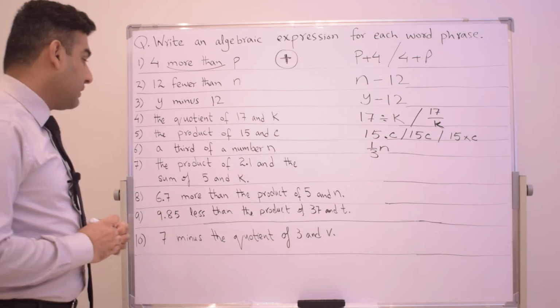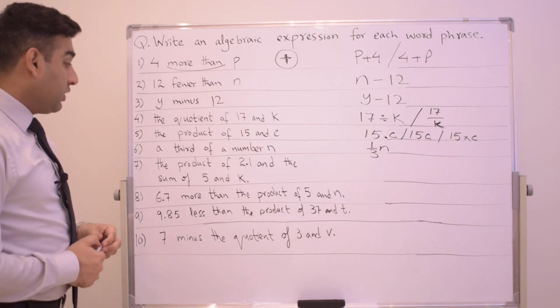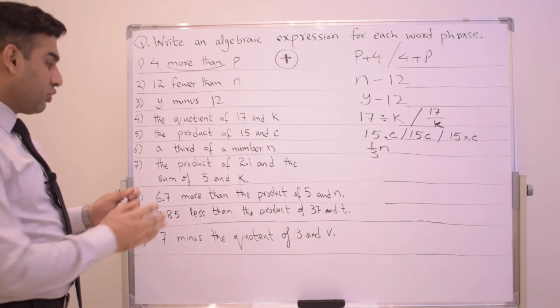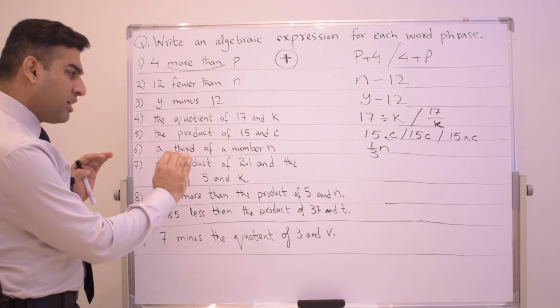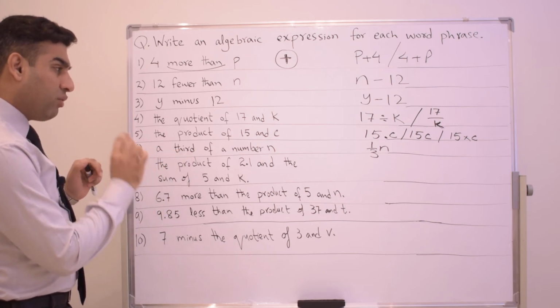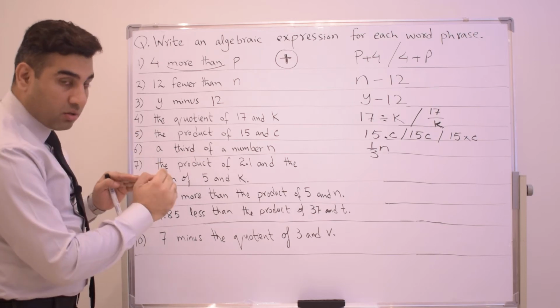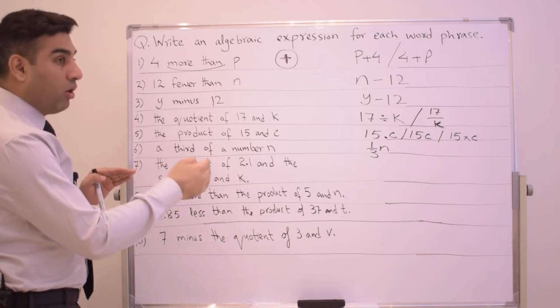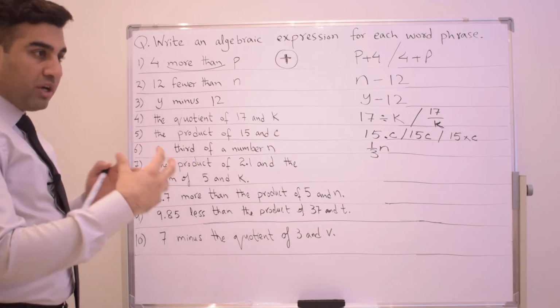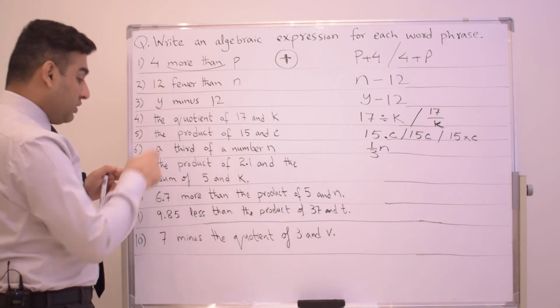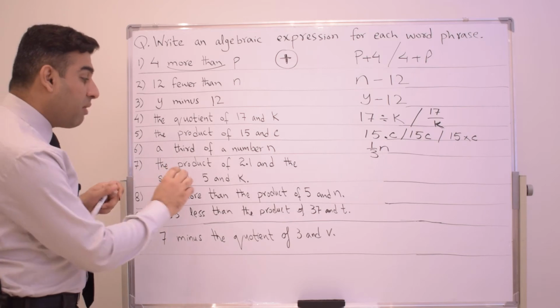Part number 7, the product of 2.1 and the sum of 5 and k. So guys, we have to read the statement very carefully and write the algebraic expression according to the statement pattern. They are saying the product of 2.1, so we put the multiplication sign, and whenever sum comes we use a plus sign, so the sum of 5 and k.